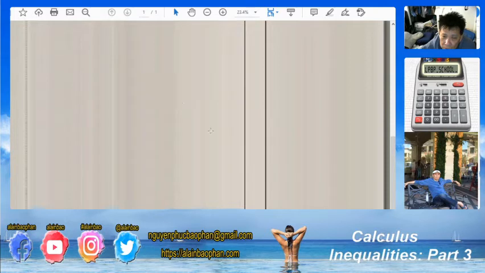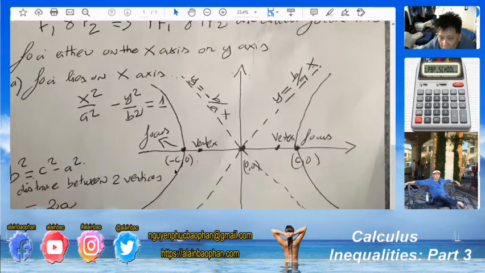The asymptote means the graph will go along that line but never touch it. If you draw this through the focus, then the line keeps going.